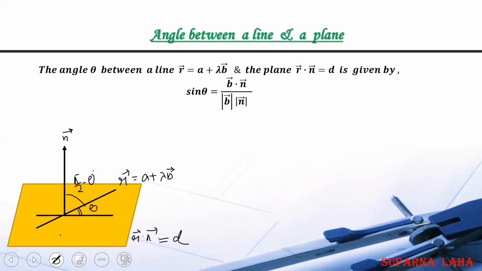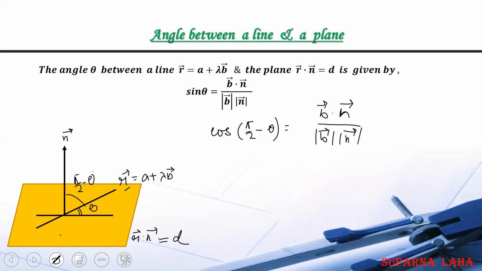So the angle between this vector n and this line is given by cos of pi by 2 minus theta equals the dot product b into n by, so the angle between the vector b and the vector n.